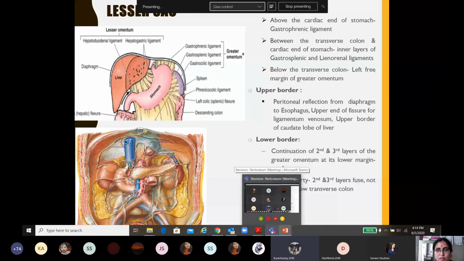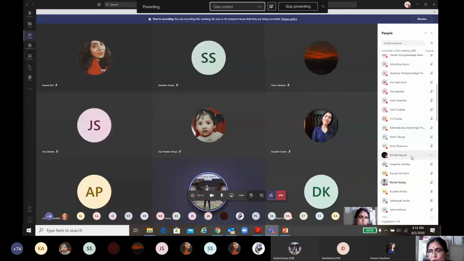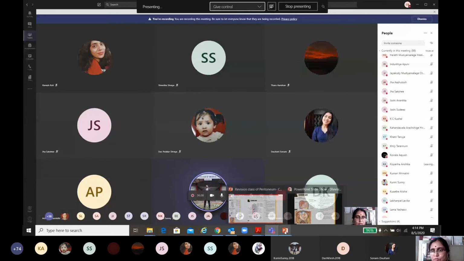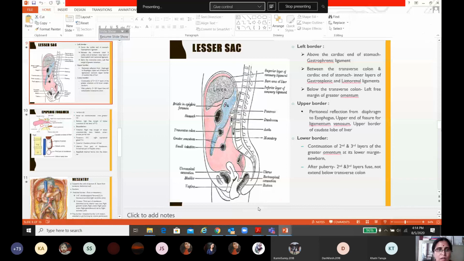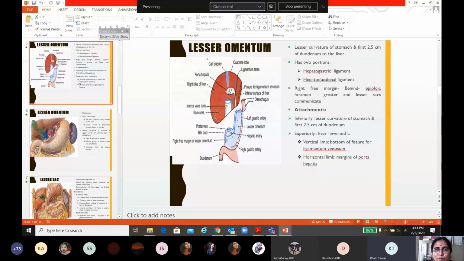Very good. Now Tanuja Khatri, are you there, Tanuja? Yes, ma'am. For exam point of view, mention the attachment of the lesser omentum. Superior attachment of the lesser omentum.